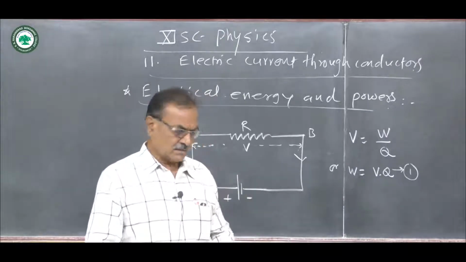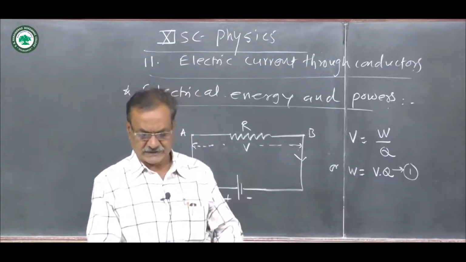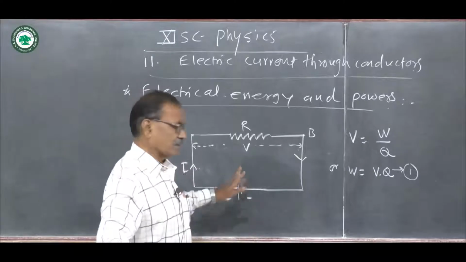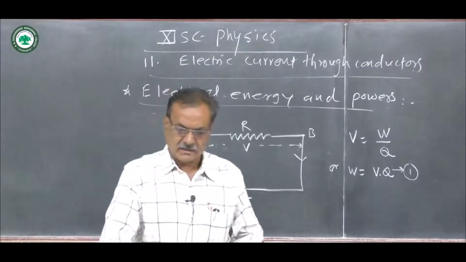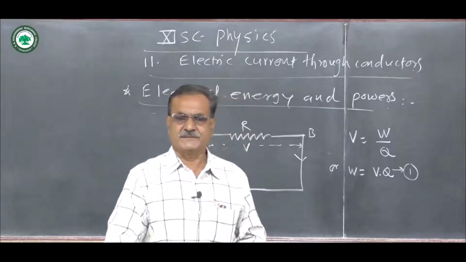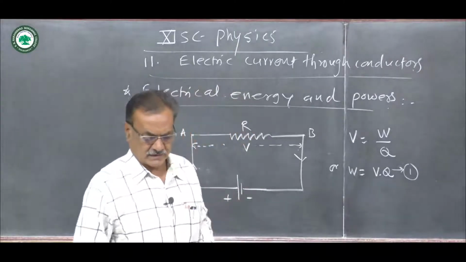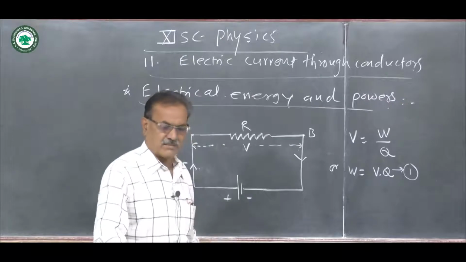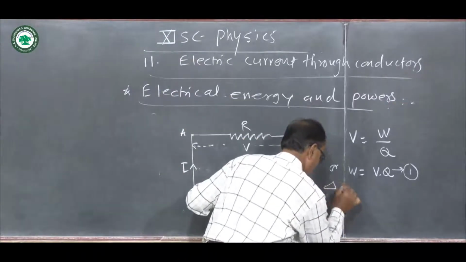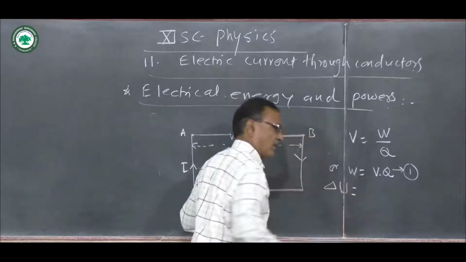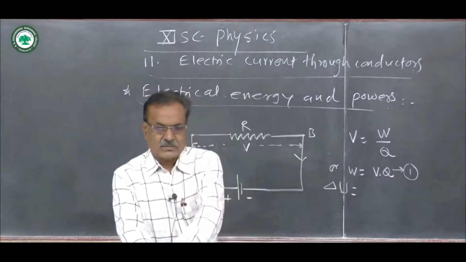Through a decrease in potential of value V, its potential energy decreases by an amount delta U.